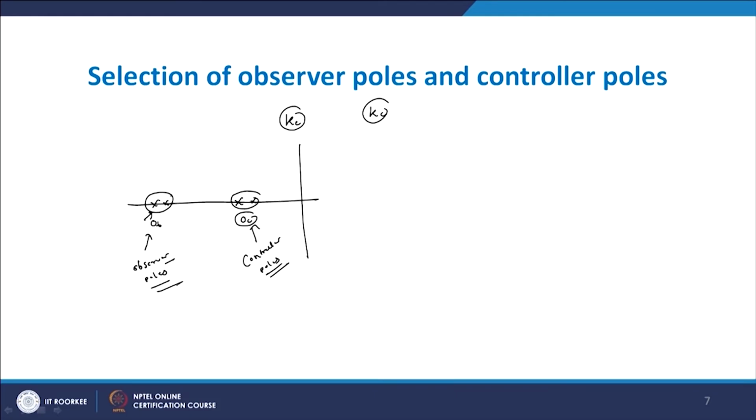As we are selecting observer poles far away from the imaginary axis, in terms of magnitude they are greater than the controller poles. So, these poles reach steady state easily in comparison to the control poles, and therefore the overall system is dominated by the control poles.